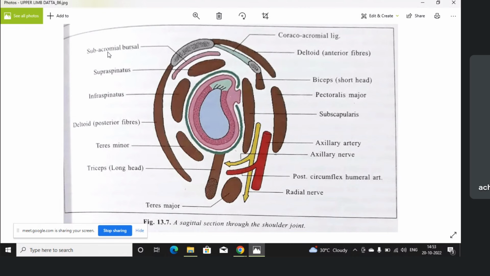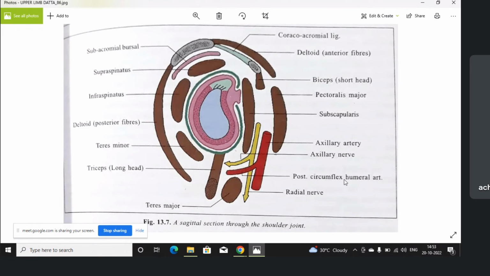Long head of the triceps and teres major. Are you getting?